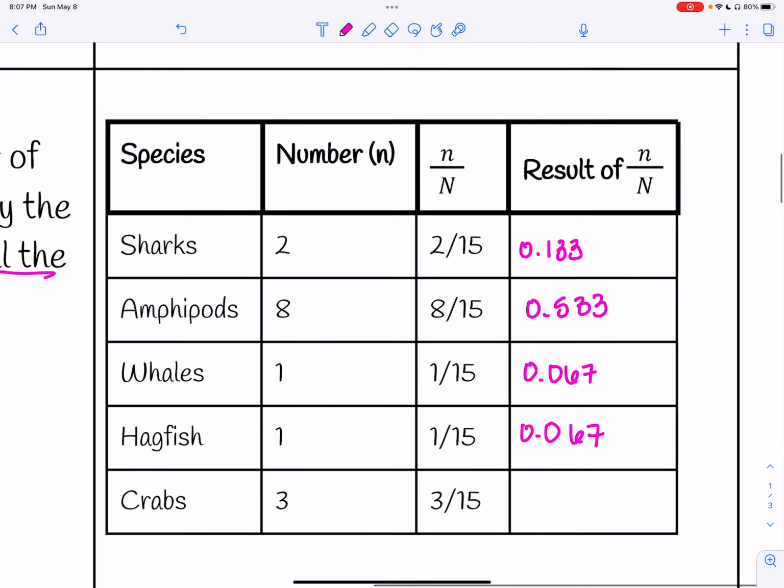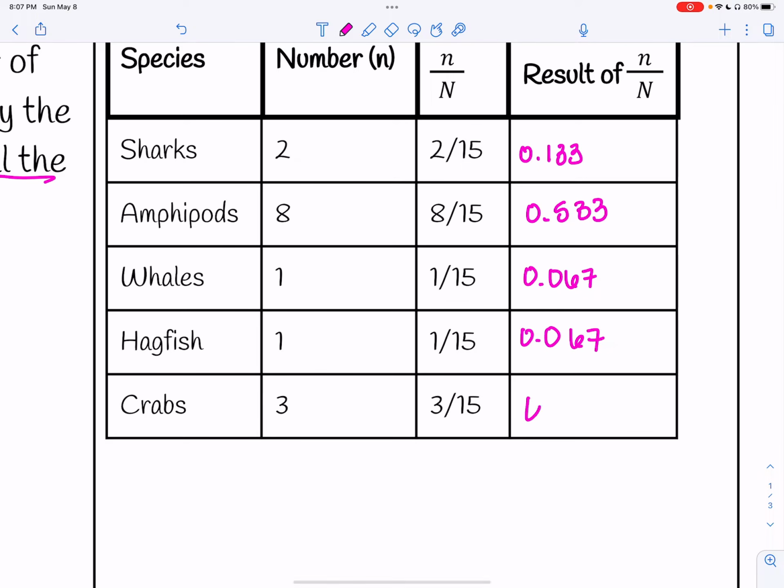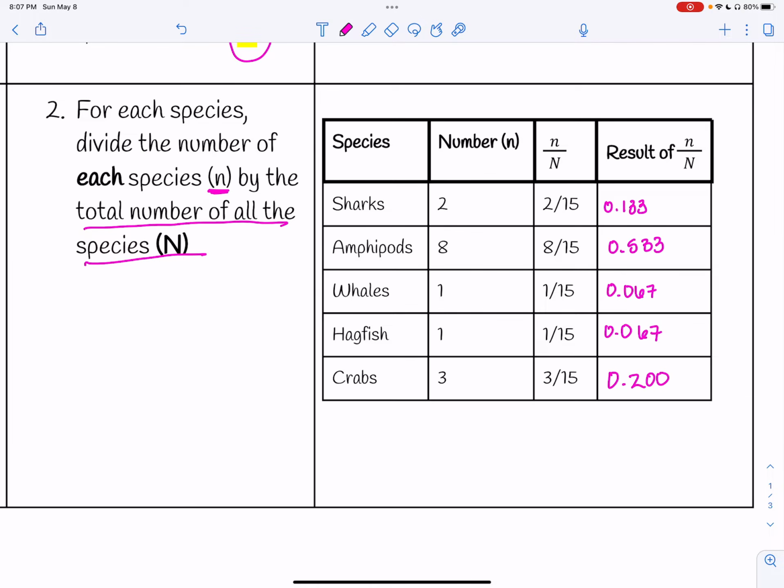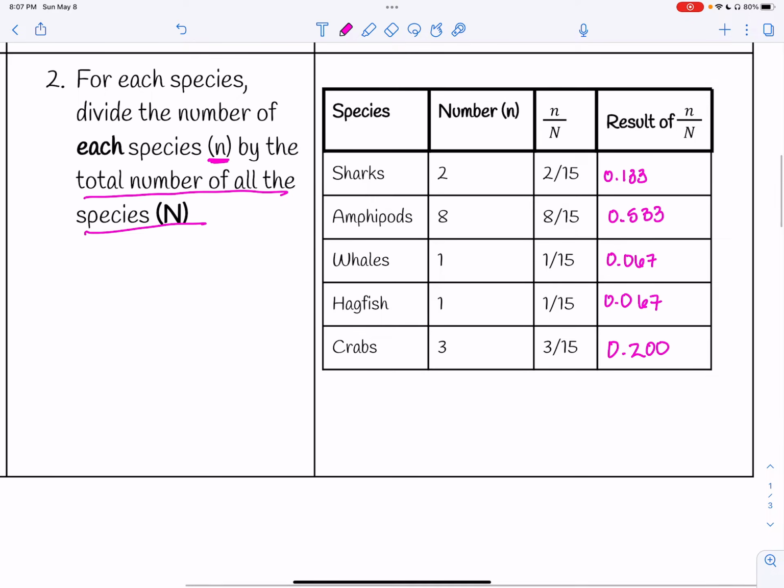And then the crabs, 3 over 15, 0.200. And 0.2 would be fine, but if we're just going to keep it to the thousandths place, or 3 significant digits, although that's not even 3 significant digits. Anyway, step 2's done.